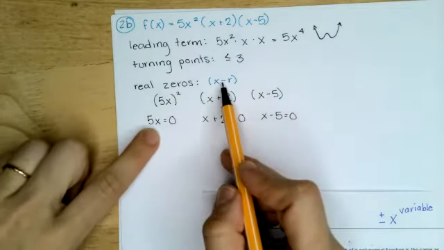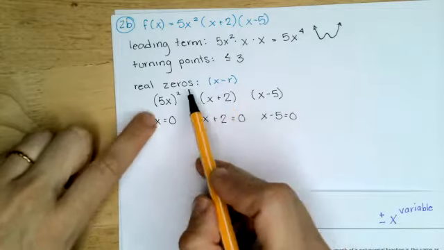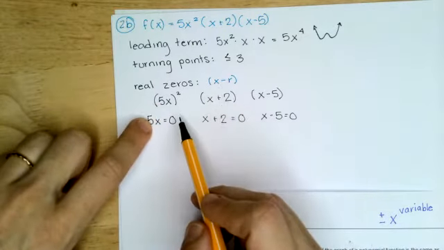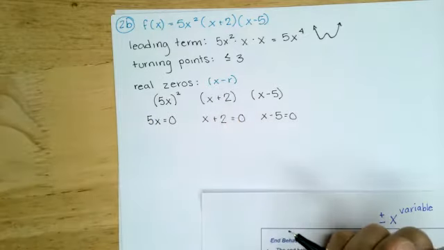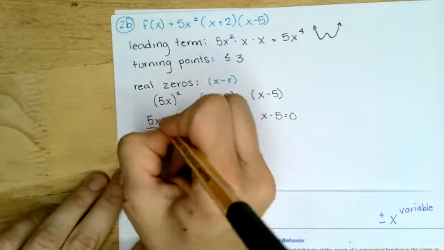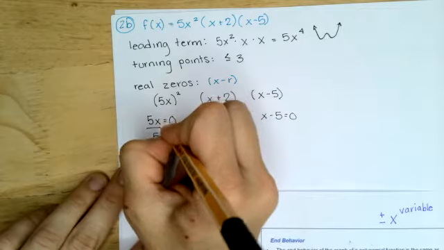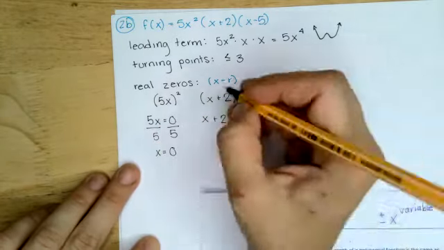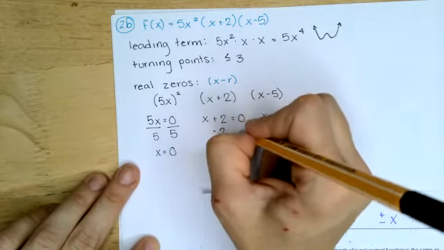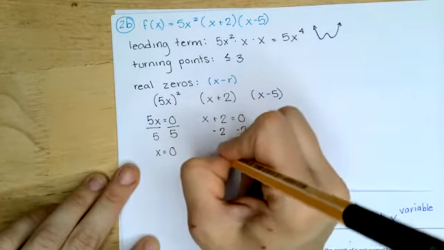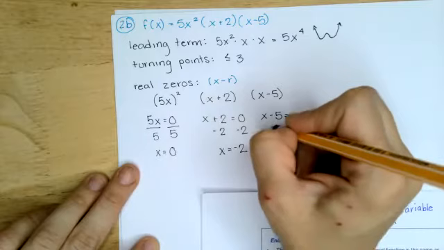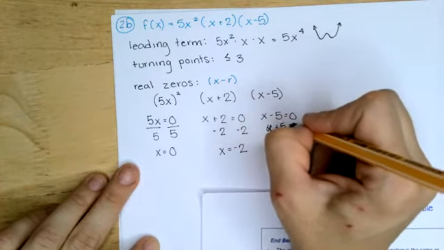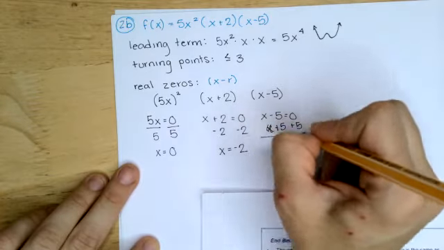There's nothing you're subtracting from 5x, right? 5x minus 0. So my r is 0. Or divide by 5 and still get x is 0. Good. X plus 2, subtract that 2. X is negative 2. X minus 5, add 5.